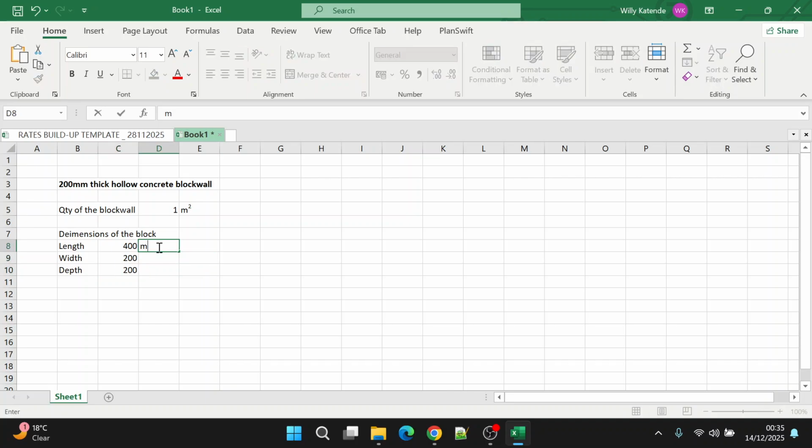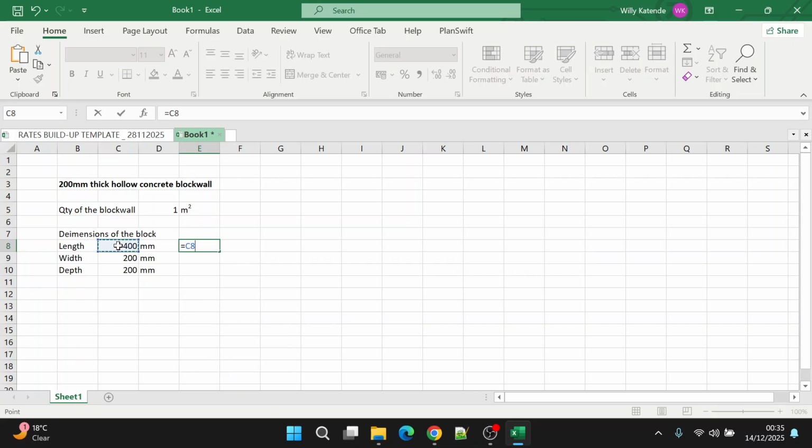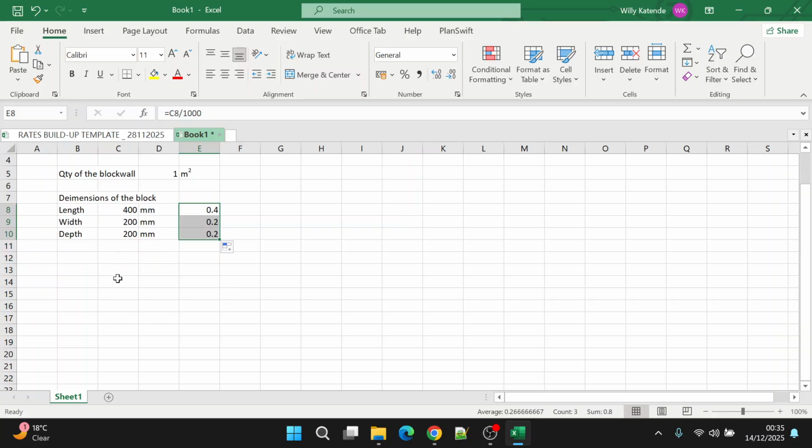So these are in millimeters. This is equivalent to in meters. We're going to make use of meters, so we need to convert this into meters by dividing by 1000 for our computations. So the first thing we need to do is to get the area of one block.